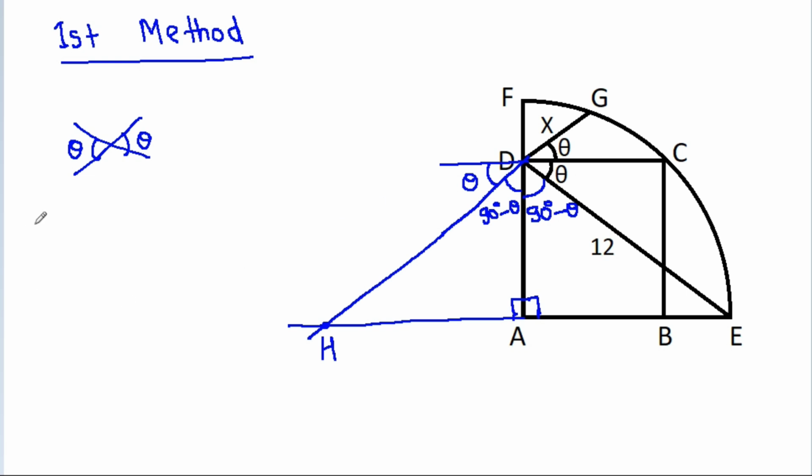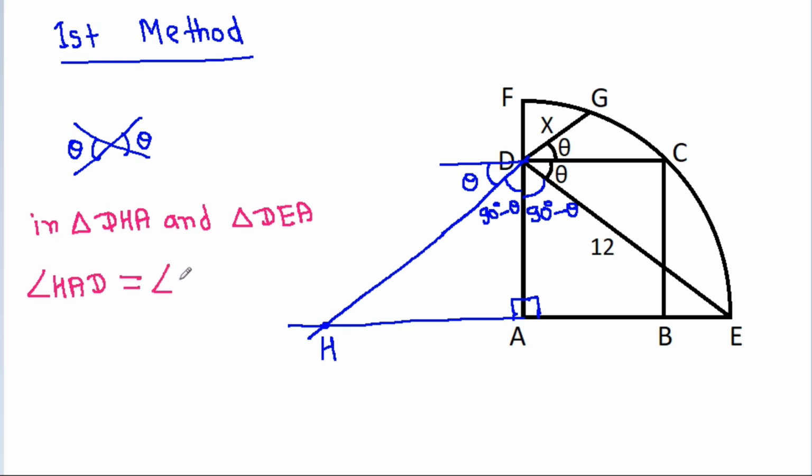So in triangle DHA and triangle DEA, angle HAD is equal to angle EAD.